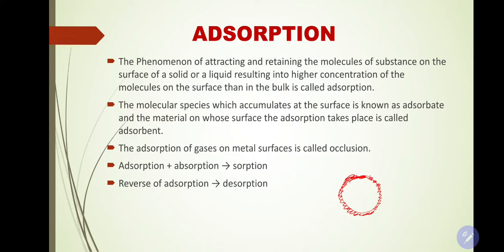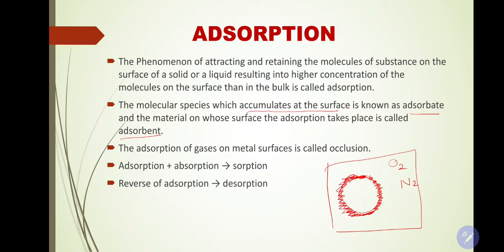Now adsorption consists of two parts: one is known as adsorbate, and the second one is known as adsorbent. What is adsorbate? Adsorbate is the species which accumulates on the surface. For example, if I have a charcoal ball and I put it in a container consisting of nitrogen and oxygen, you can see that the oxygen and nitrogen are adsorbed on the surface of the charcoal.